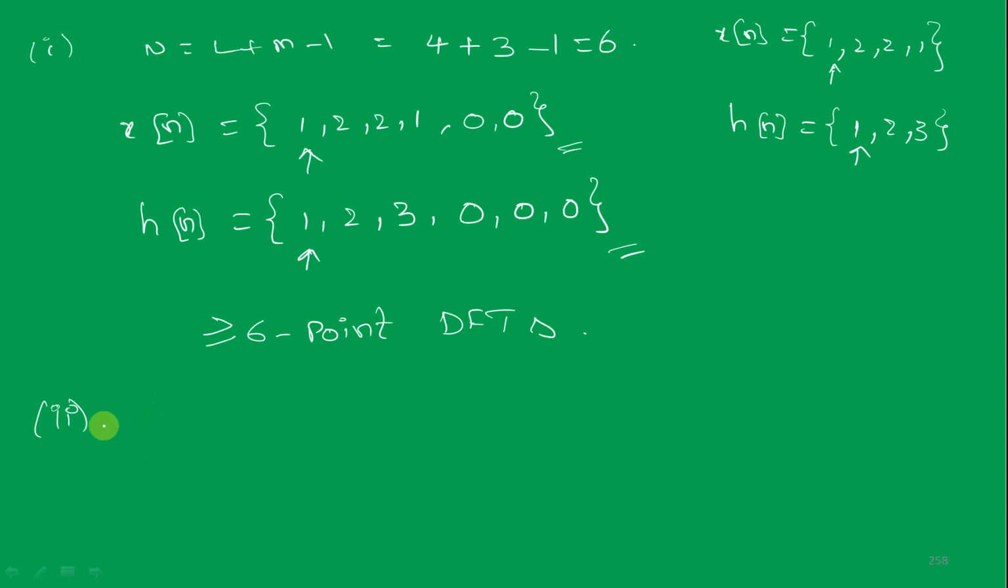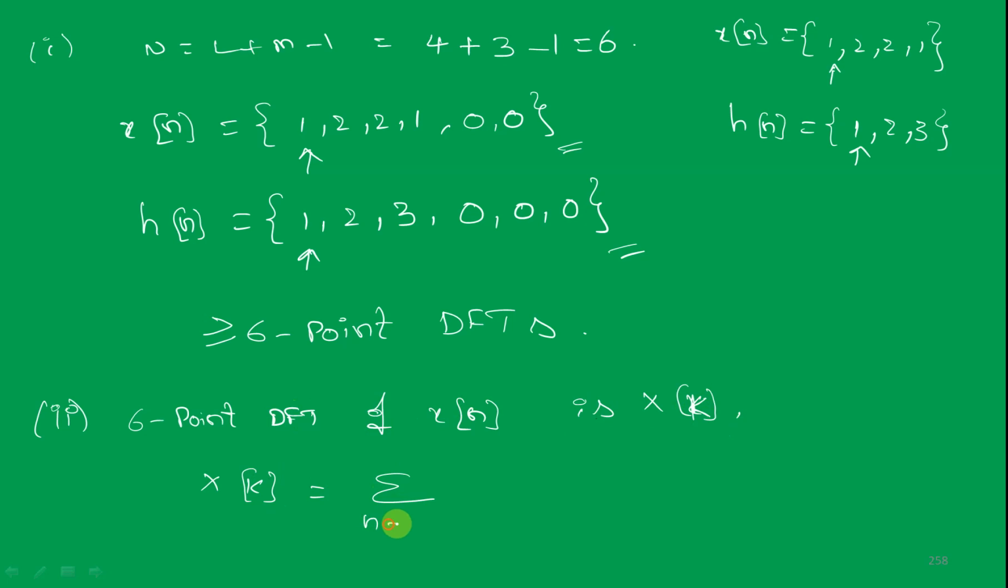Now what is the second step here? To find out the x of k, perform 6 point DFT. 6 point DFT of x of n is x of k. Okay, right. So now x of k is equal to summation, basic formula, this one.